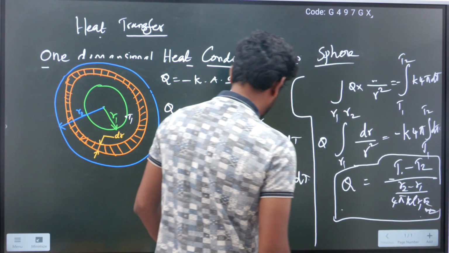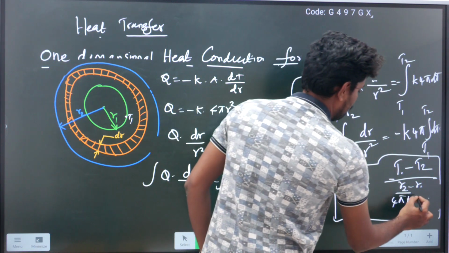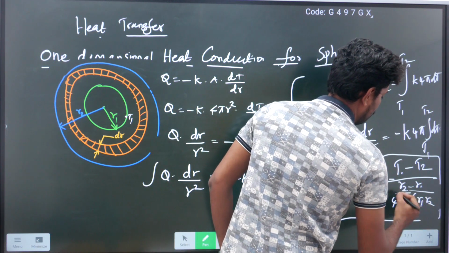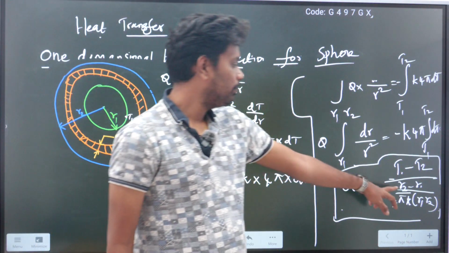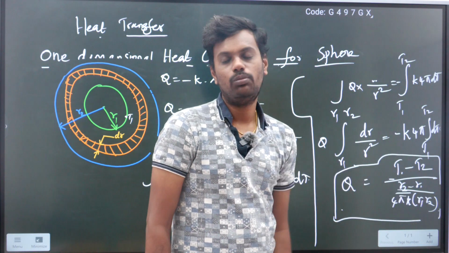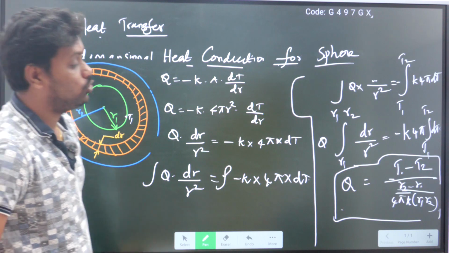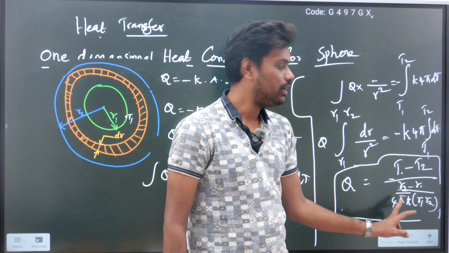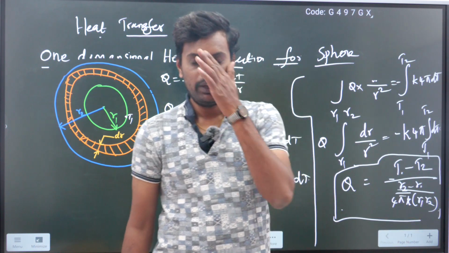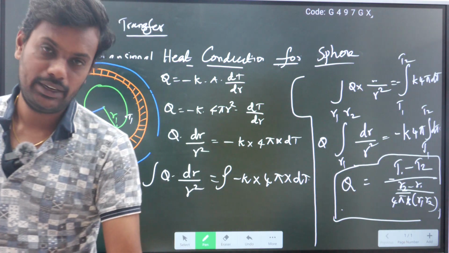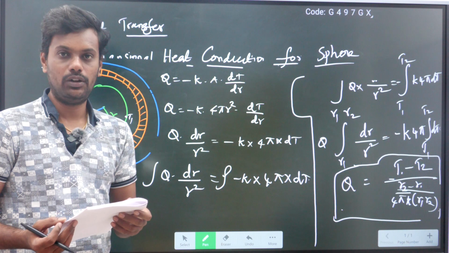This is the formula: T1 minus T2 by R2 minus R1 by 4 pi K into R1 R2. If we integrate, we get this as the final equation for sphere. So here also the resistance for sphere is R2 minus R1 by 4 pi K into R1 R2. So these are the one dimensional heat conduction equations for plane wall, cylinder and sphere. So the second topic is also over.